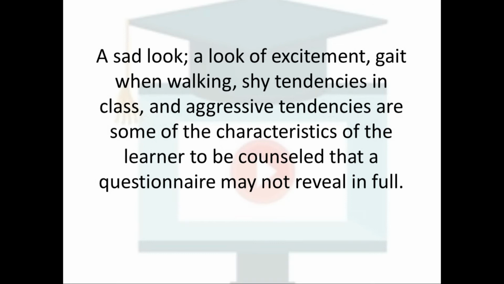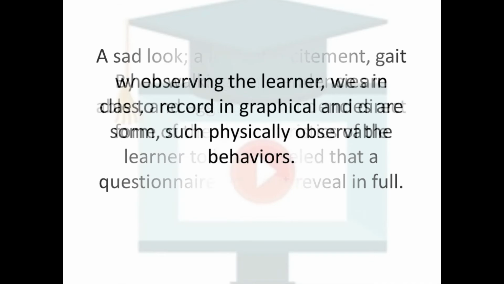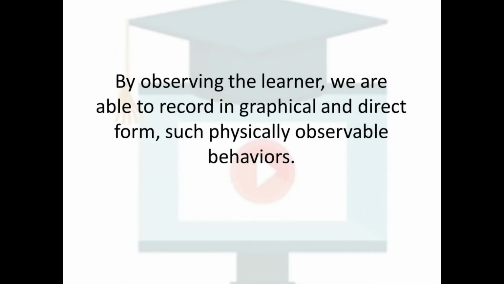A sad look, a look of excitement, gait when walking, shy tendencies in class, and aggressive tendencies are some of the characteristics of the learner to be counseled that a questionnaire may not reveal in full. By observing the learner, we are able to record in graphical and direct form such physically observable behaviors.